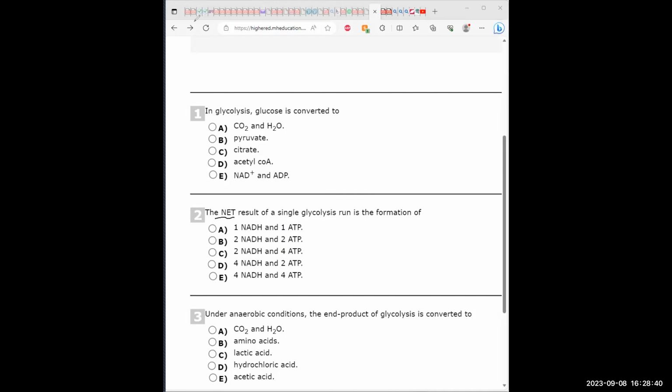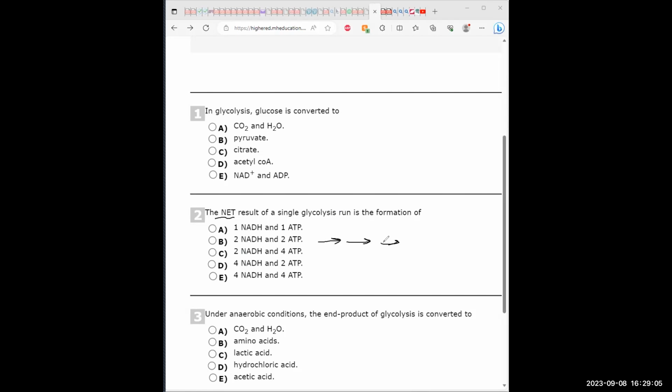Ryan said B. Mariam also said B. Abdurrahman also said B. So all of you are correct, because reduced NAD and ATP, both 2 molecules, will be formed, one for each of the trioses.